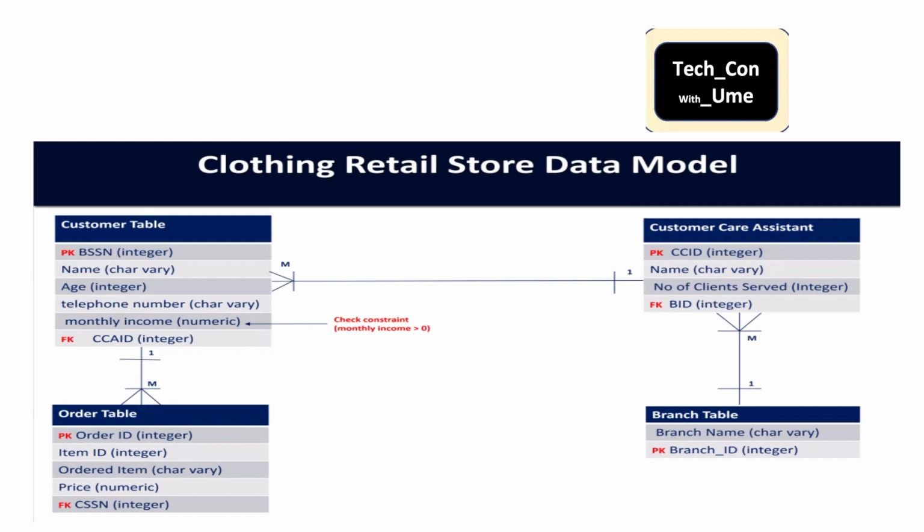Now, for you to be able to implement this schema, you can look at prior videos. However, if you do get stuck, look at the previous video before this, and you will see in the description section a link to a Google Drive where a Word document has been placed containing the codes to implement this entity relationship model.